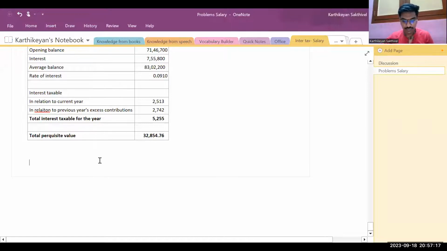Assume opening balance is 90 lakhs. Employee contribution is 10 lakhs.